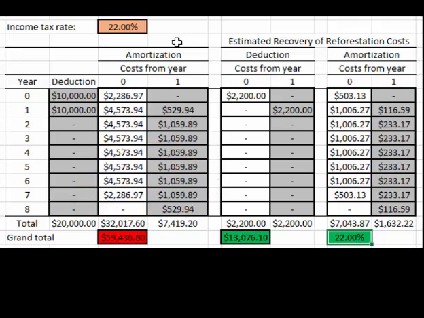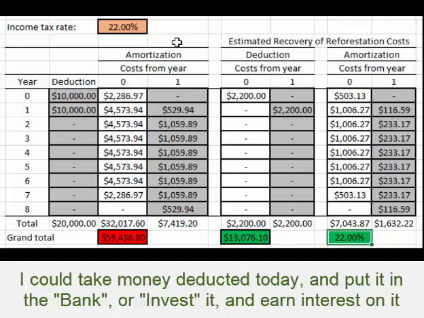And then interest rates. I could take my $1 today and put it into the bank and earn interest on that $1. When I recover reforestation costs, say 6 years from now in this program, I don't earn any interest over those 6 years.